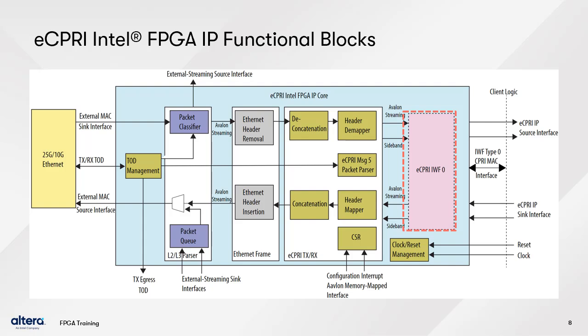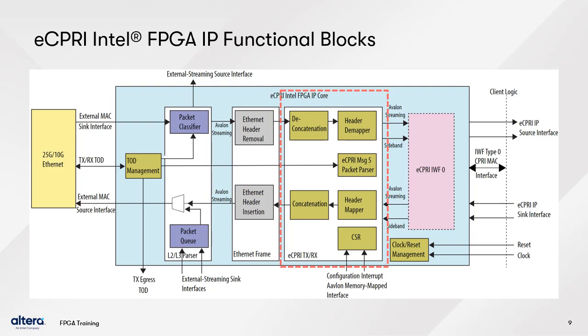So it is only instantiated in the IP when IWF Type 0 support is enabled. To its right, you can see the interfaces available for connecting to the eCPRI MAC. Highlighted now is the core of the eCPRI transmit and receive logic. In the transmit path near the bottom, moving from the FPGA fabric to the left, you can see the header mapper and concatenation blocks.